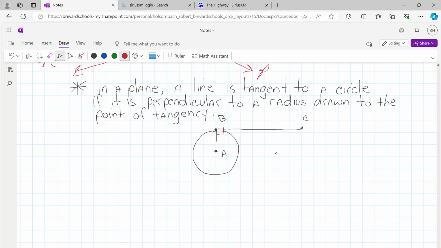And let's say if BC is perpendicular to AB, then it is a tangent. If BC is perpendicular to AB, then it is a tangent.